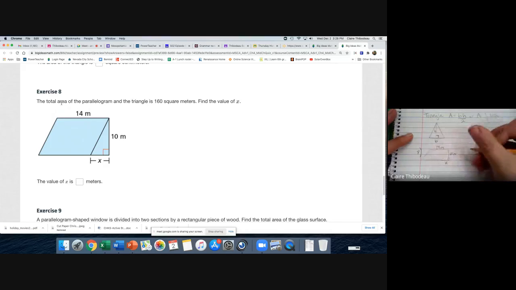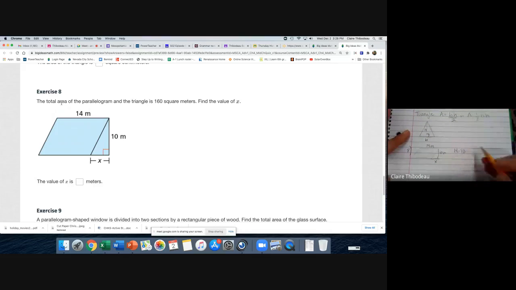So to figure out the parallelogram, we're going to do 14 times 10. 14 times 10 plus, and then how would we figure out the area of this? So what we're trying to do ultimately is work backwards to figure out the base of the triangle.